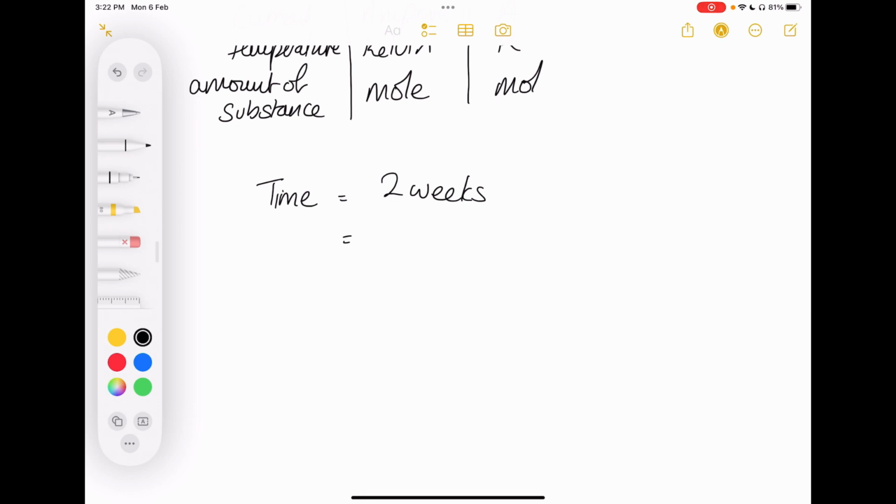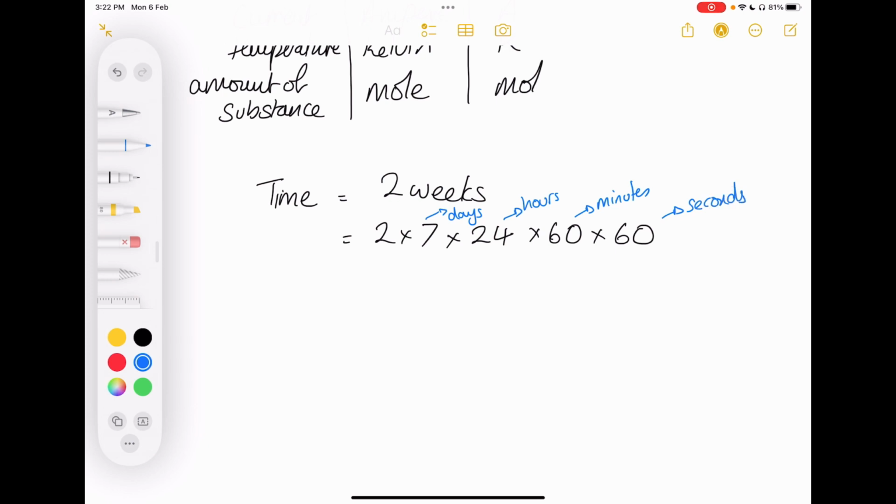So I know that in 2 weeks, there are 14 days. Each day has 24 hours. Each hour has 60 minutes, which has 60 seconds. So here I've got days, hours, minutes, and finally seconds, because that's what I want to convert it to.